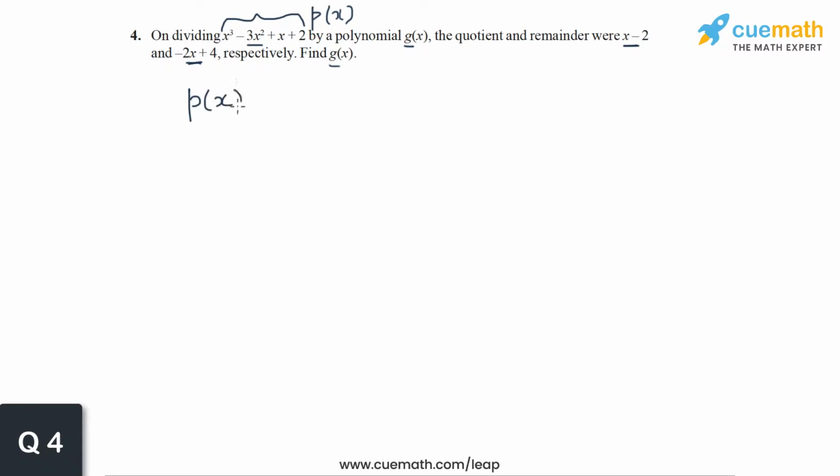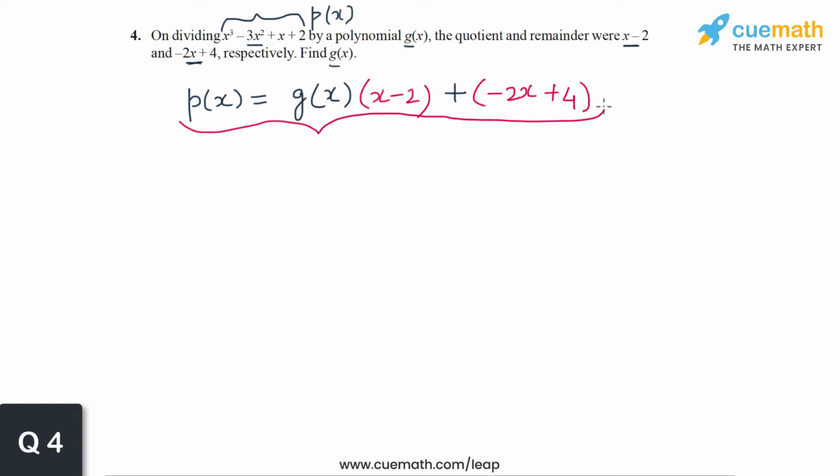So p(x) should be equal to g(x) times the quotient polynomial, and the quotient polynomial is x minus 2, plus the remainder polynomial, minus 2x plus 4. So using this relation we can find g(x). So how can we find g(x)? Well, we take this term minus 2x plus 4 to the left side.